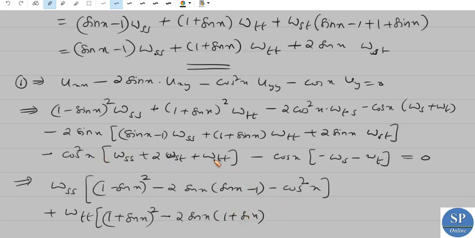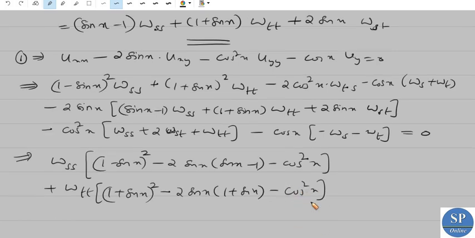From the third term, w_tt has coefficient minus cos x squared, and the coefficient of w_st is minus 2 cos square x.